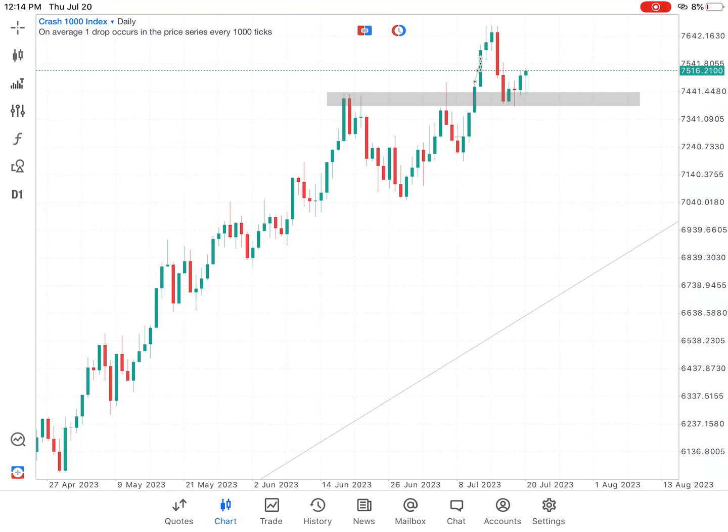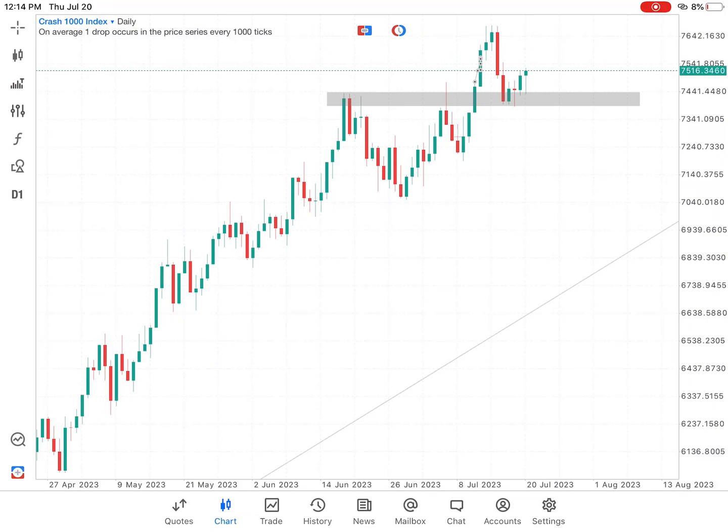It's one of the tools that we use when implementing the synthetic index strategy. For those who are in our Telegram group, they have this strategy guide, and also for those who are in our WhatsApp group, they have these strategy guides.